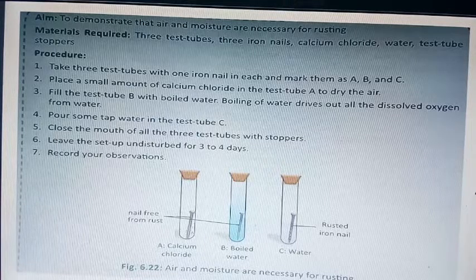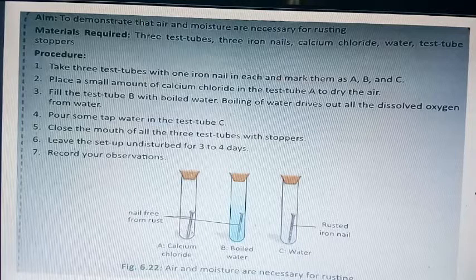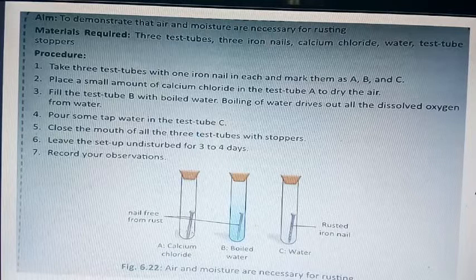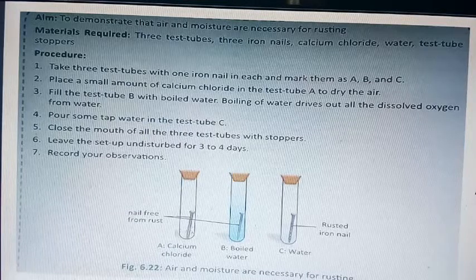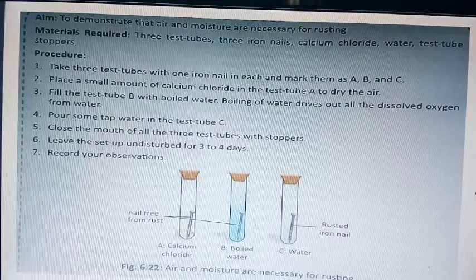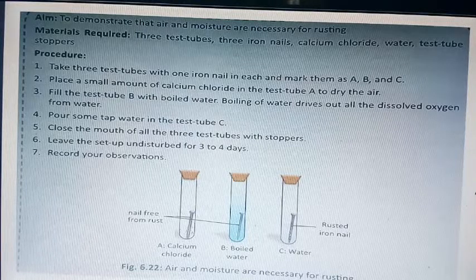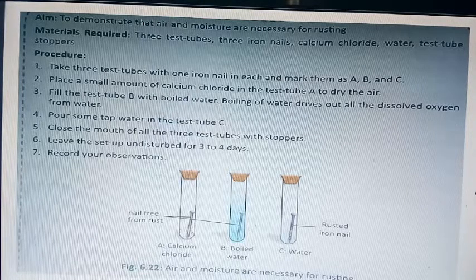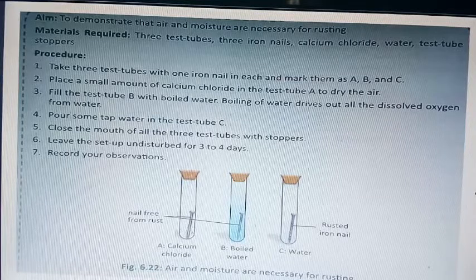Actually, what we are trying to do in test tube A is keep dry air, that means air free from moisture. Calcium chloride is the chemical substance that absorbs moisture. All the moisture can be absorbed by calcium chloride, making the air dry. So that is test tube A.